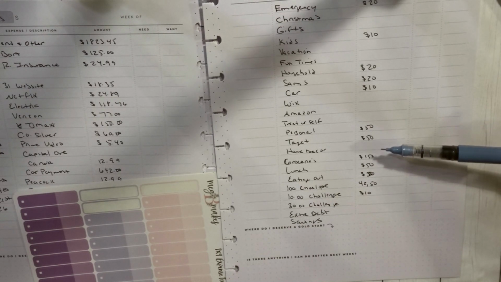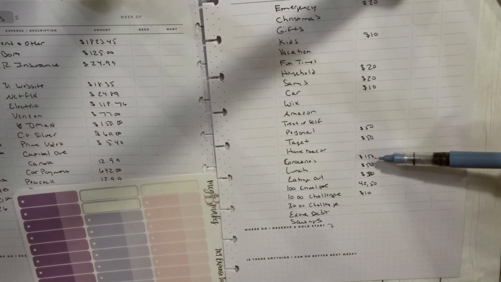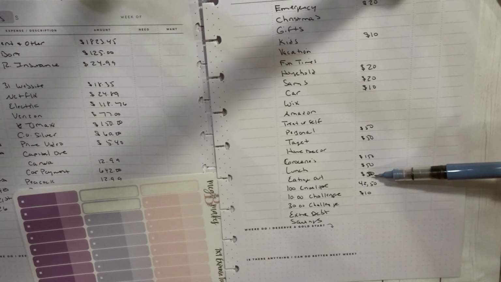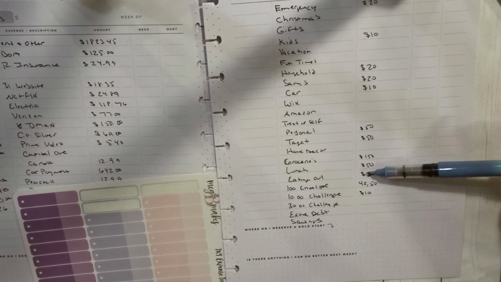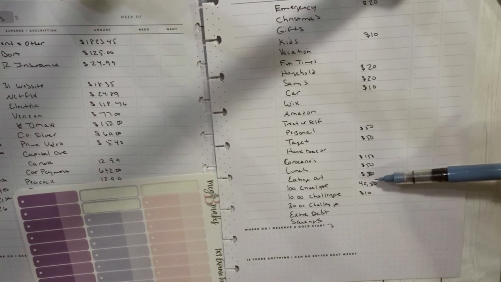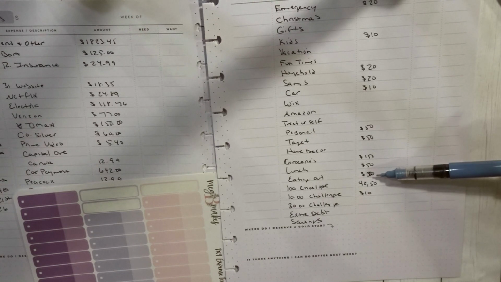And then same thing with groceries and lunch. Eating out, I kind of want to continue to build on that, even though I used what money I had in there, and that's now at 0. I used that towards treating my kids to dinner yesterday, so I had to put like, I think $30 to it or something like that.